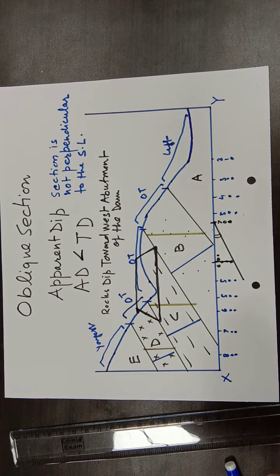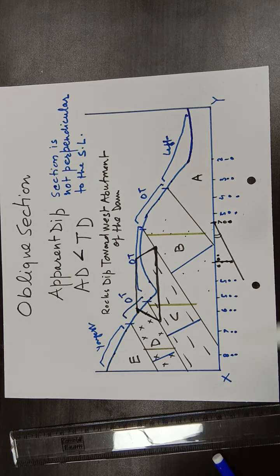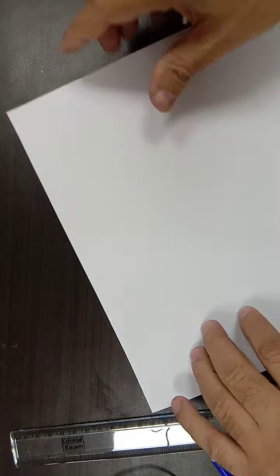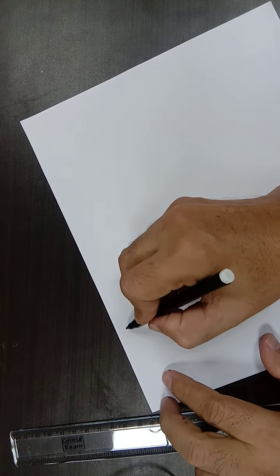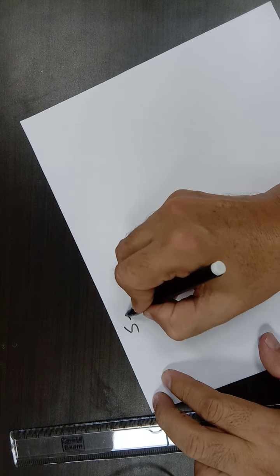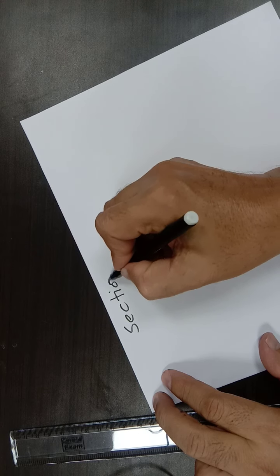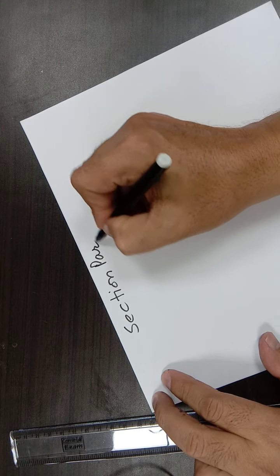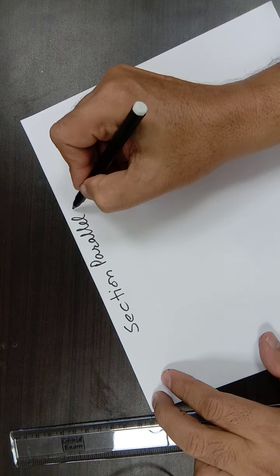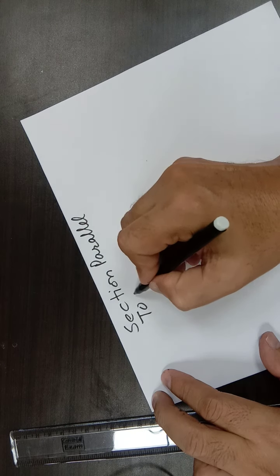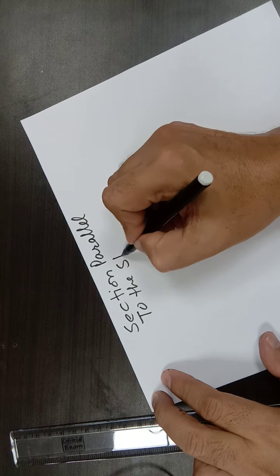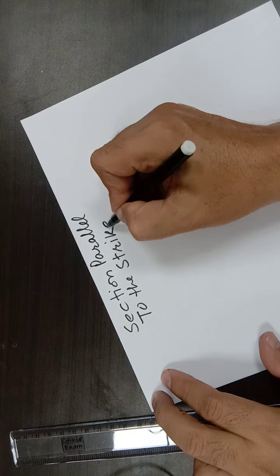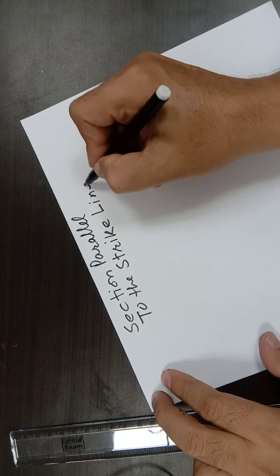There is one more section left, which I will explain in another video, and that section will be parallel to the strike line. There we will have almost a different picture.